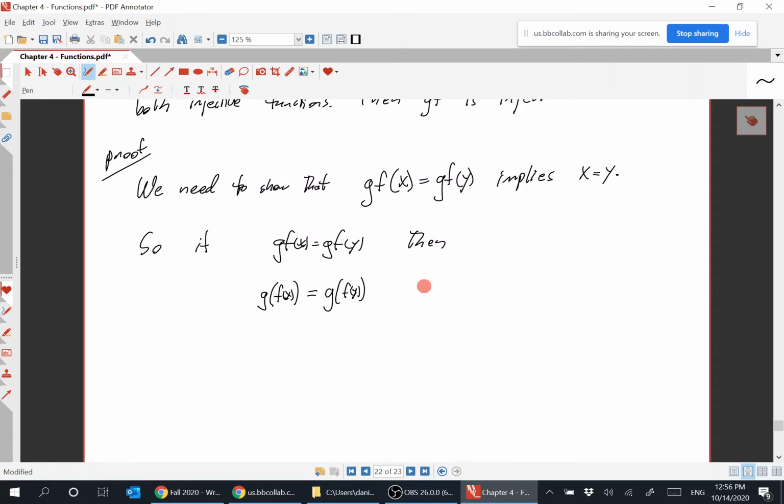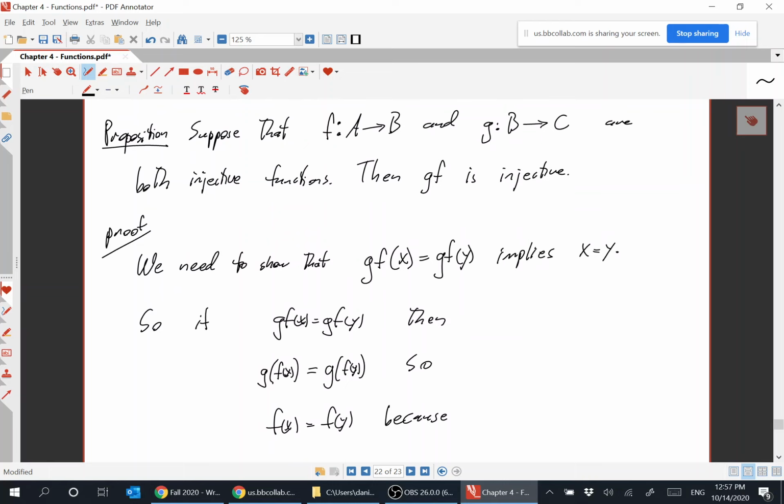So f x equals f y because what? Why should they be equal? Because g is injective.